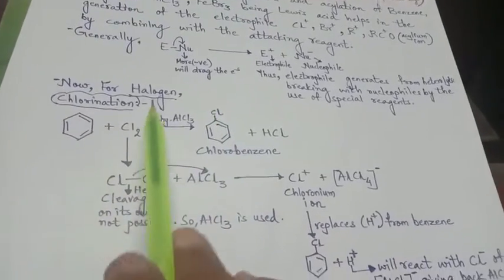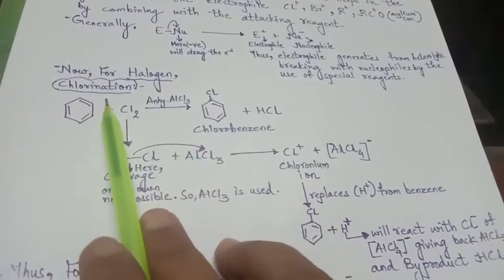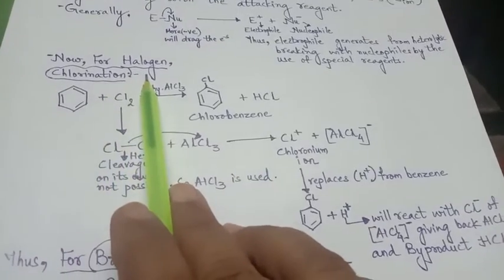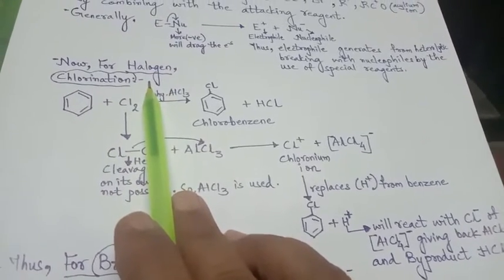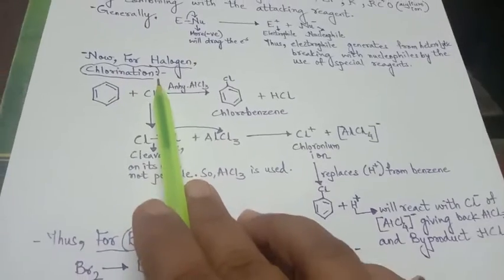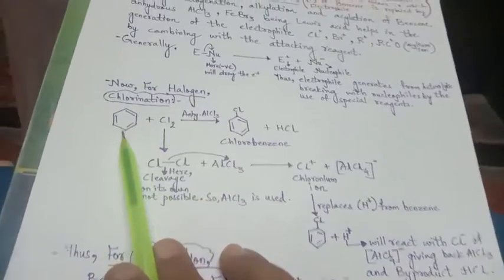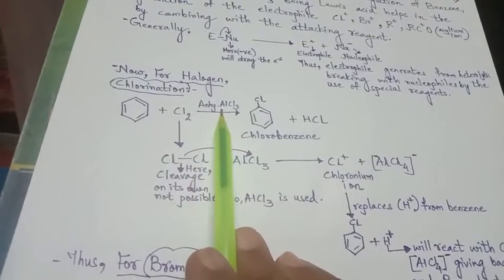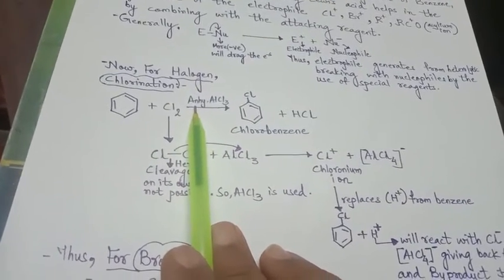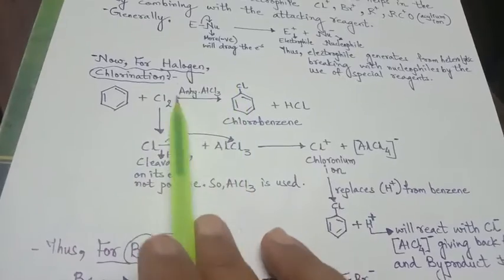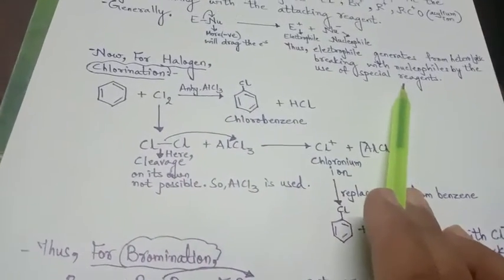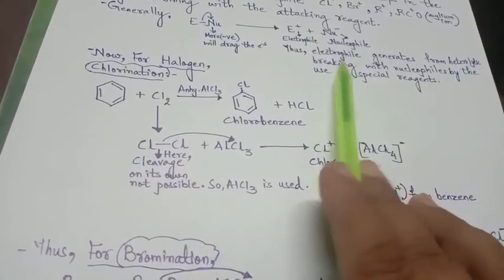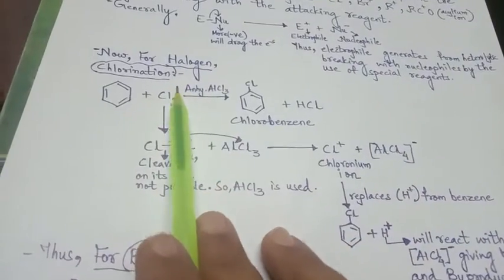Now, let us see the halogenation, chlorination reaction. Halogen means fluorine, chlorine, bromine, iodine. So, let us see the chlorination over here. Benzene reacts with chlorine in the presence of anhydrous AlCl3. So, this is the reagent, a special reagent which helps in the heterolytic breaking.